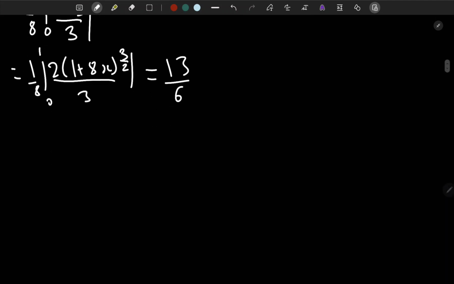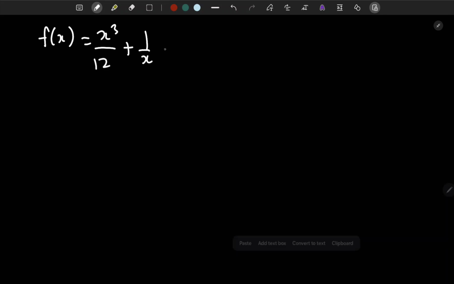Let's move on to our next question, where we have the function f of x equal to x cubed over 12 plus 1 over x, and the limits are 1 and 4. What I like to do is always write the formula.